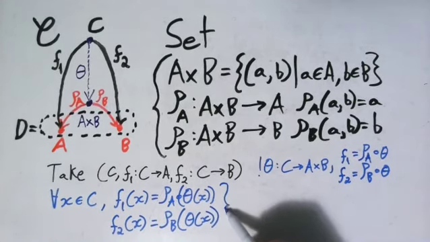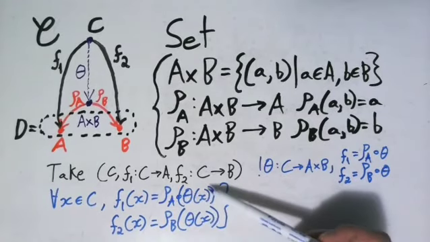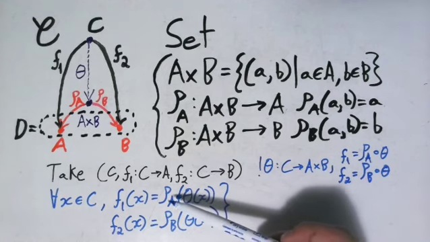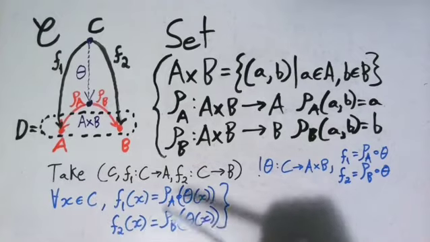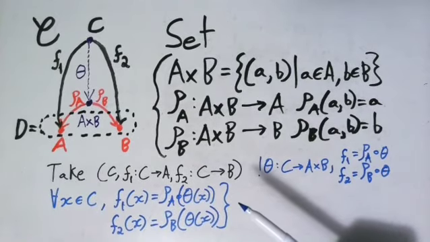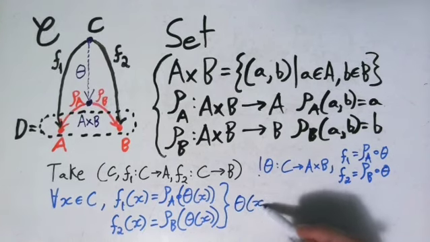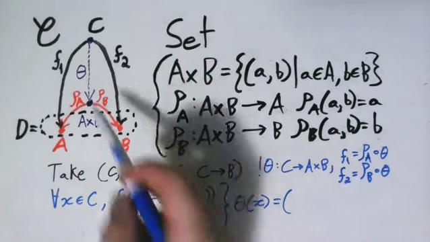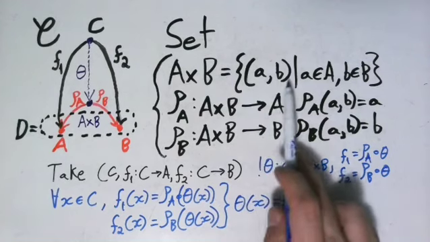So if we combine these, this one is saying that whatever theta maps x to, the projection of that object into A has to agree with F1 on x. So what that's really saying is that the first blank to fill in here, right? Because theta of x goes from C into A cross B, so it's going to give us an ordered pair (a, b).